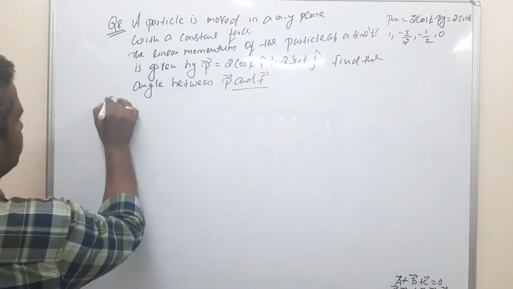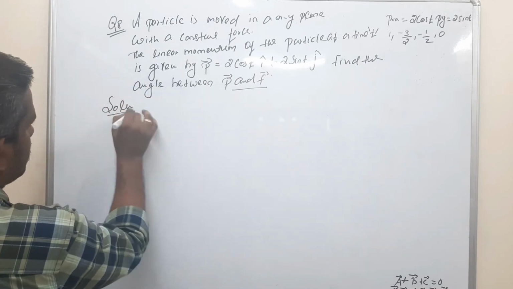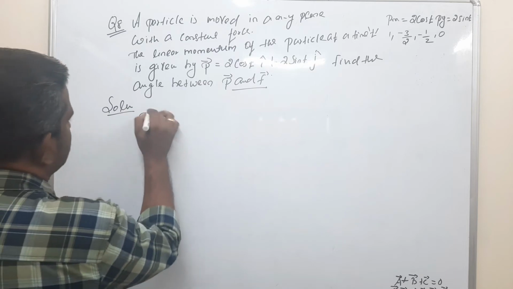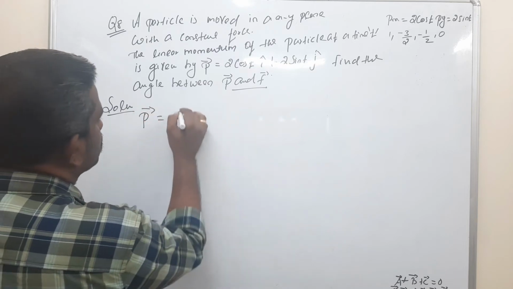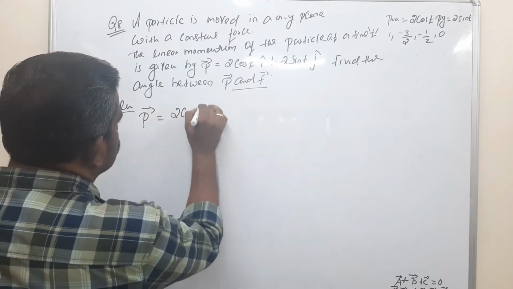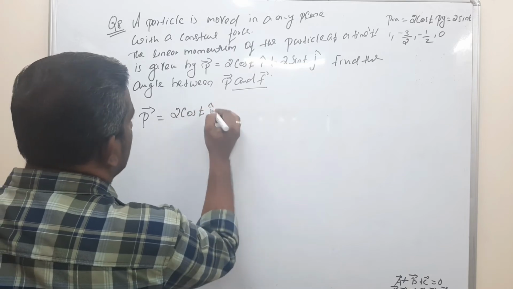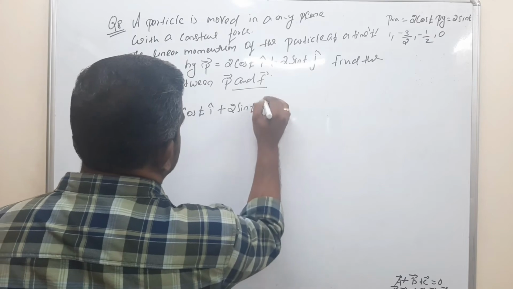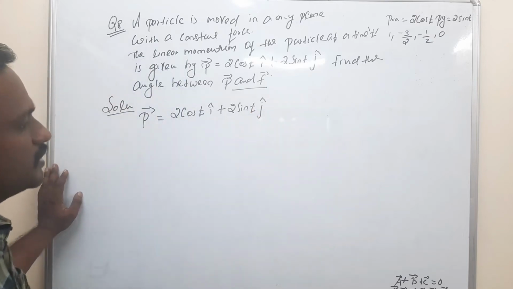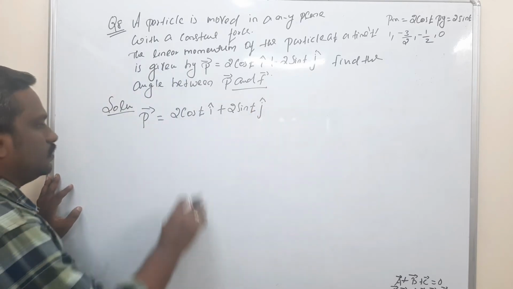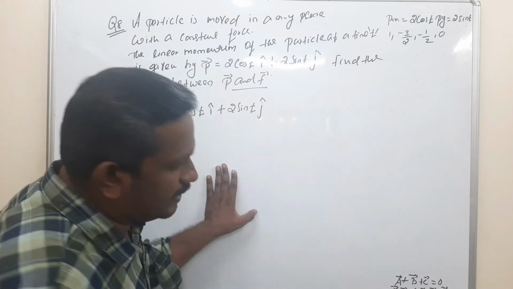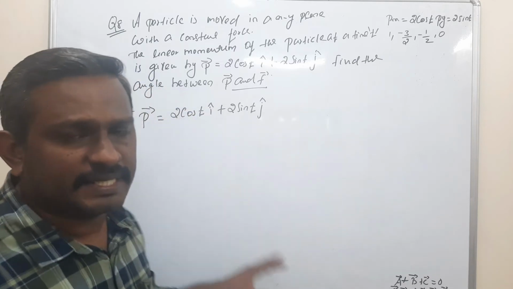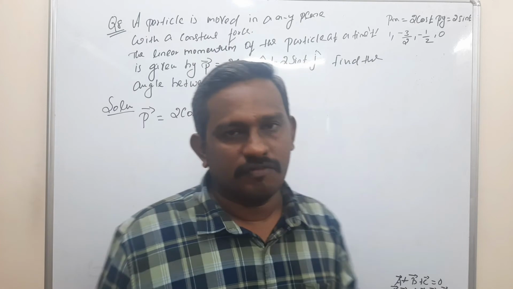So solution, P vector, that is the momentum vector. Momentum vector is equal to 2 cos t i cap plus 2 sin t j cap. According to Newton's second law, the rate of change of momentum is force.